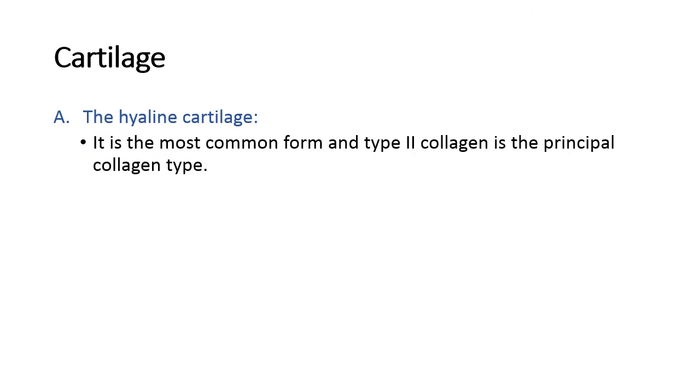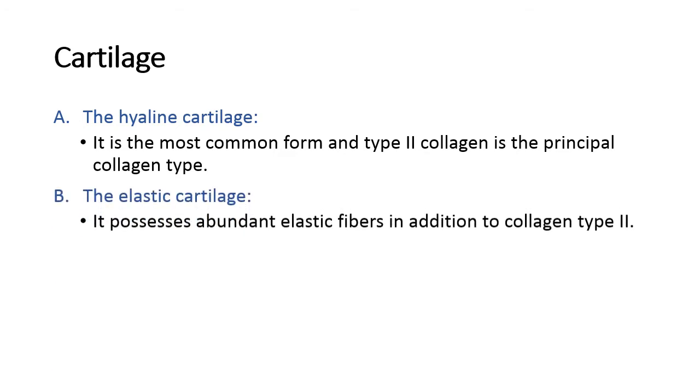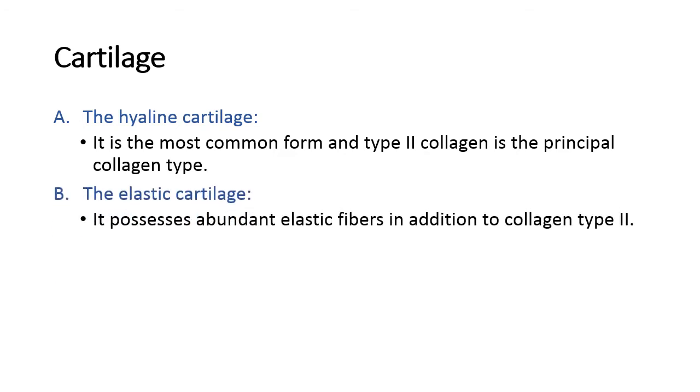The hyaline cartilage is the most common form, and type 2 collagen is the principal collagen type in this cartilage. The second form is the elastic cartilage, and it possesses abundant elastic fibers in addition to collagen type 2.